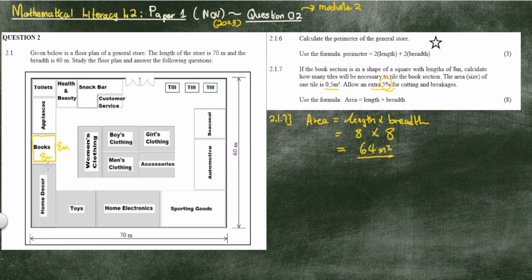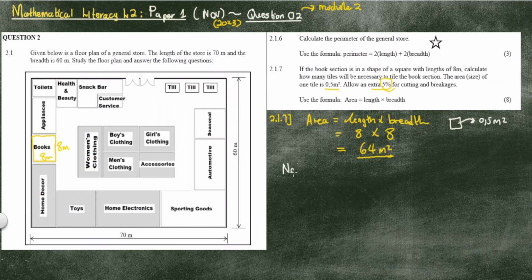Now, we are also told the area for one tile. The area for one tile is what? 0.5 square meters. So, in order to calculate the number of tiles that will go into the bookshop floor, we'll have to divide the total area by the area of one tile.